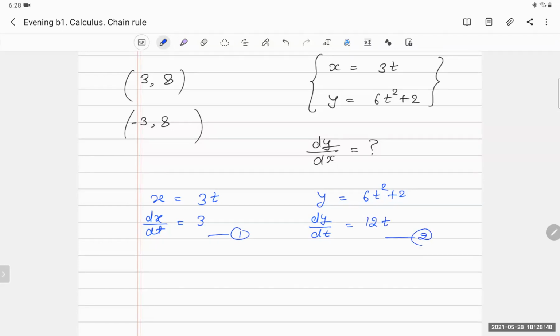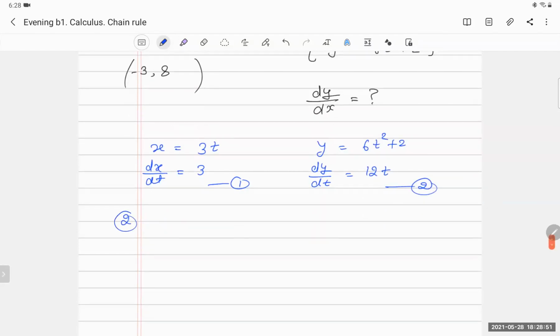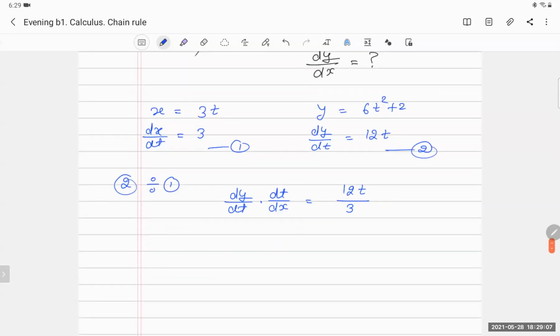This is equation 2. Suppose now I divide equation 2 by 1, so it will become dy by dt into dt by dx, right? So it will become 12t upon 3. And now see, dt cancels. So it will become dy by dx, and that is 4t.